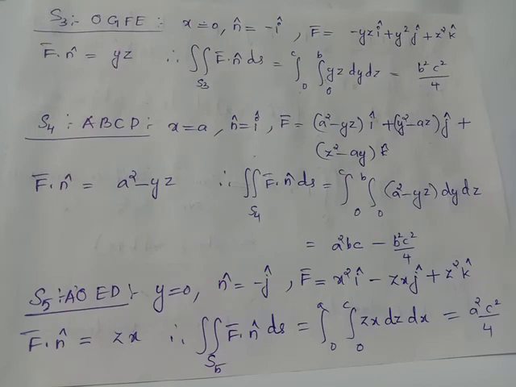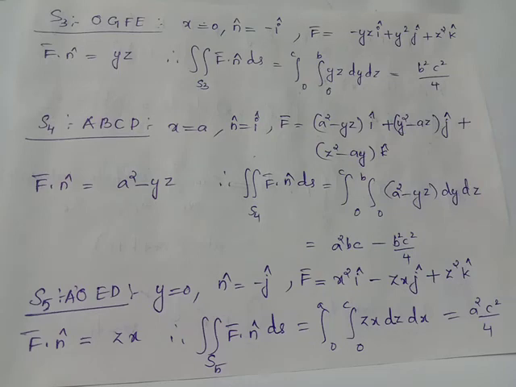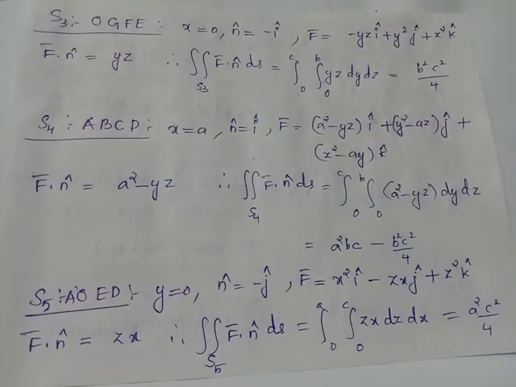Along the surface S4, since it has the equation x equals a, we will give x equals a in the given expression of f bar, and f bar changes to this expression. For S4, n cap equals i. We will take the dot product between f bar and n cap, which gives us a square minus yz as the answer. Therefore, the surface integral along S4 will be integral 0 to c integral 0 to b of a square minus yz into dy dz, which will give us this answer.